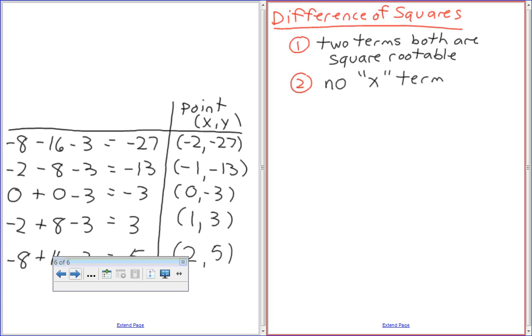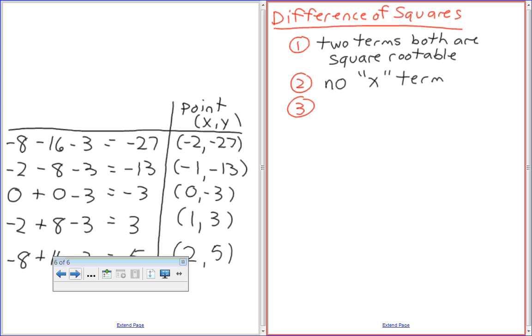The reason you can't have an x term is because you can't take the square root of x easily, right? So x squared you can take the square root of, and numbers you can take the square root of, but not x. What is the square root? X to the power one half. We'll get to that in a little bit, but you can't stump me. No stumping math teachers. It's not possible.